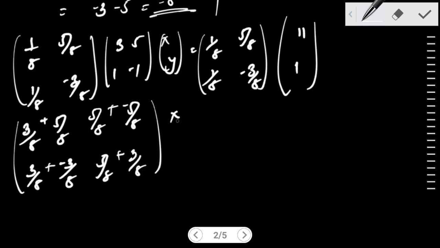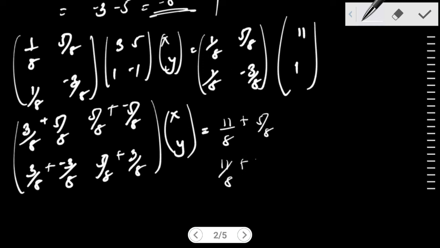We're having xy as our unknowns, which would be equal to 11 out of 8 plus 5 out of 8, and 11 out of 8 plus negative 3 out of 8.